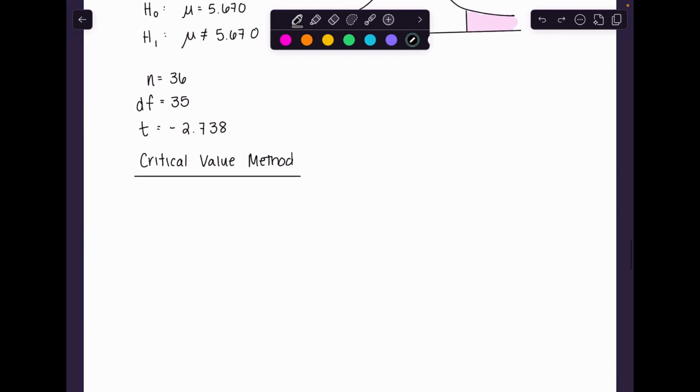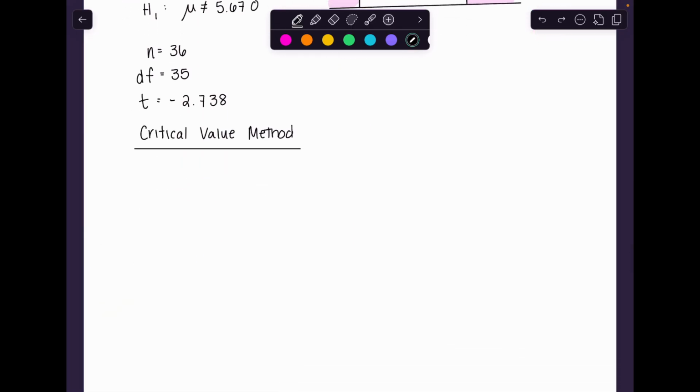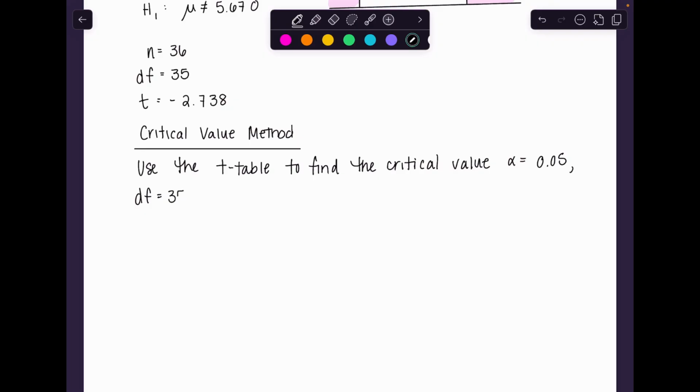So if I go ahead, we're going to use the t-table to find the critical value, with a level of significance being 0.05, our degrees of freedom being 35, and this is a two-tailed test.